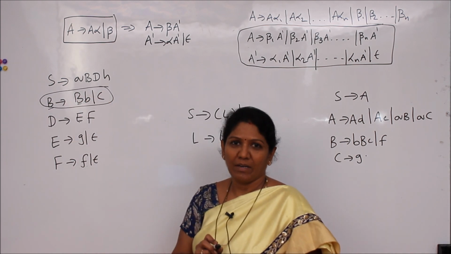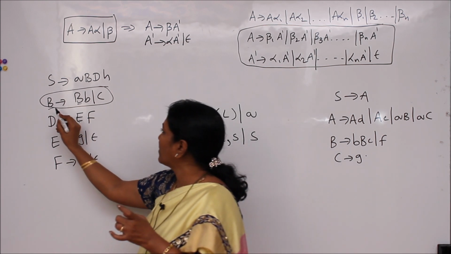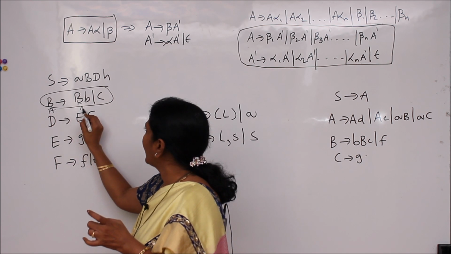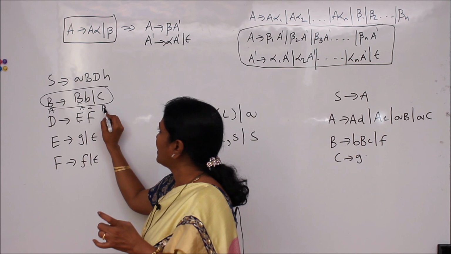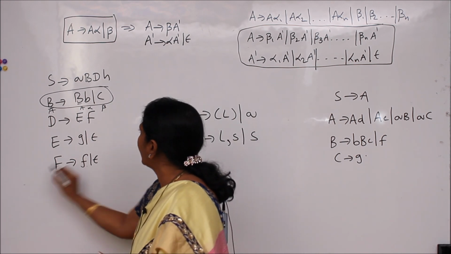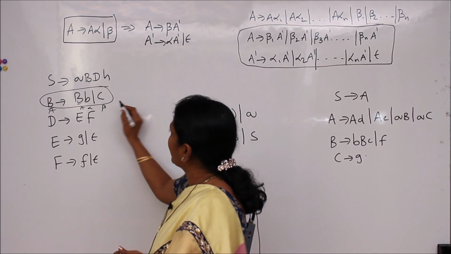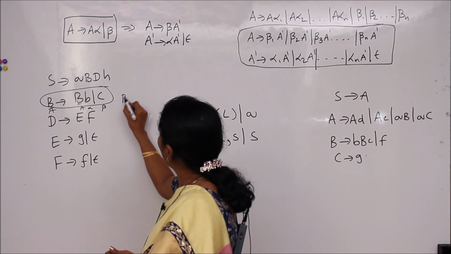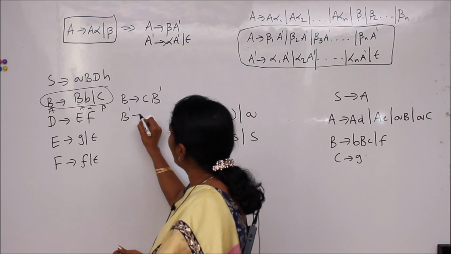So how do we eliminate? Whenever there is a left recursion, view that particular production as the form A to A alpha or beta. Let this B be alpha and C be beta. So what is the equivalent? The equivalent is given by A to beta A dash, that means B to C B dash, where B dash is what?